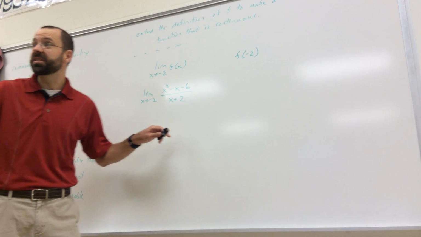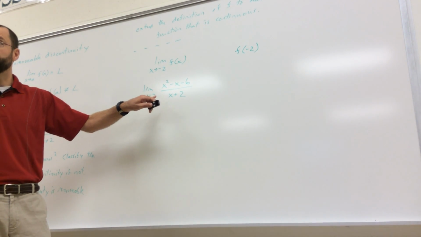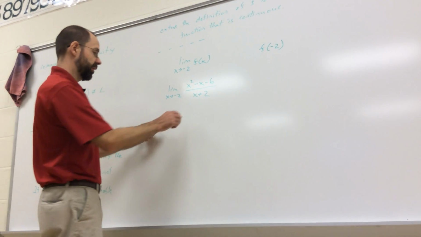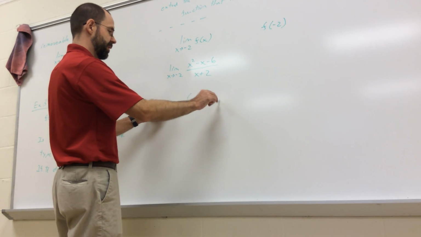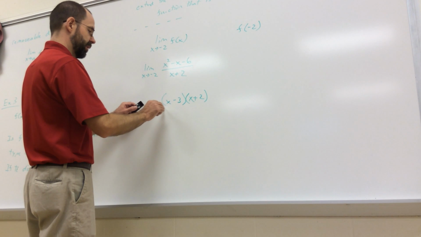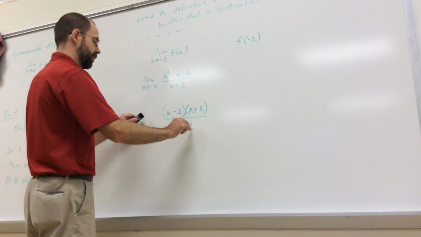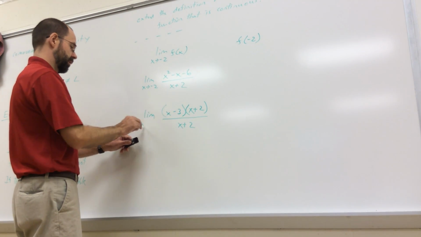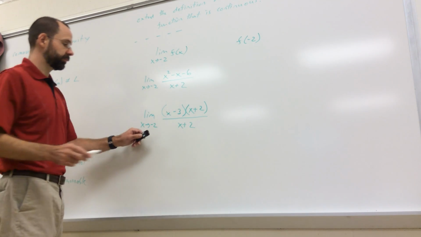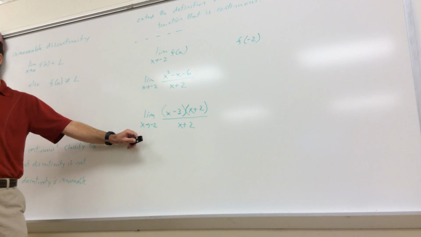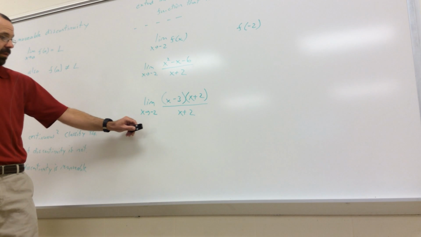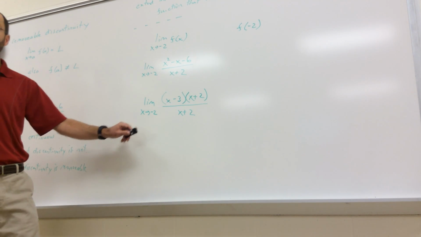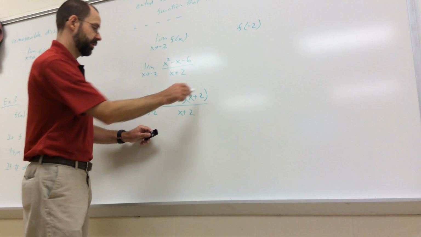Okay, so anyway, Krista's exactly right. Factoring is the way to go on this one, because the top factors. Okay, so it factors into x minus 3 and x plus 2. So that's good news, because then the x plus 2's cross out, right?